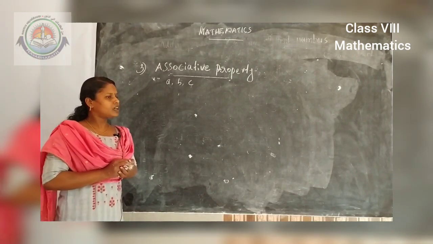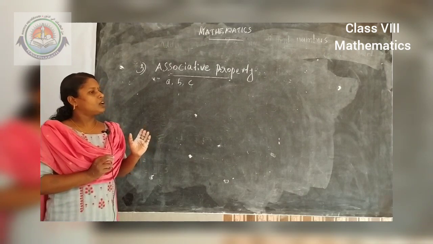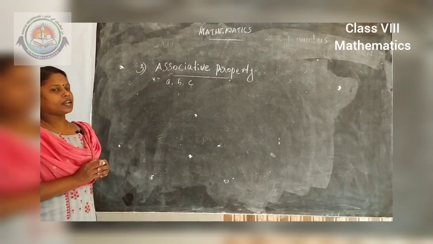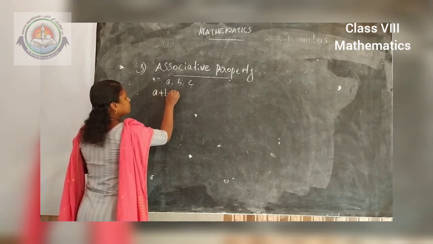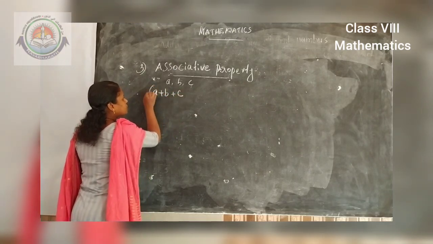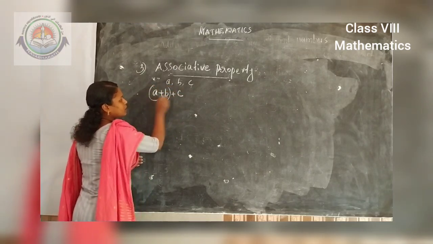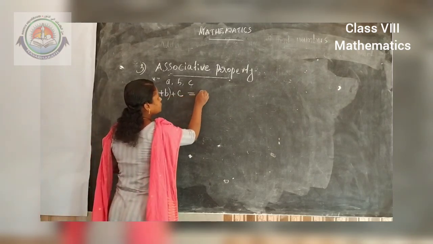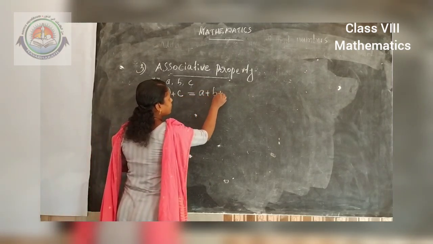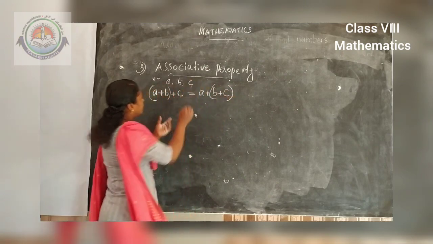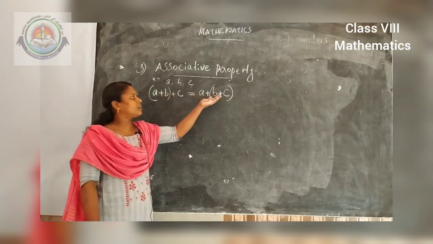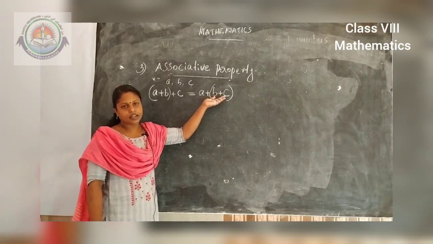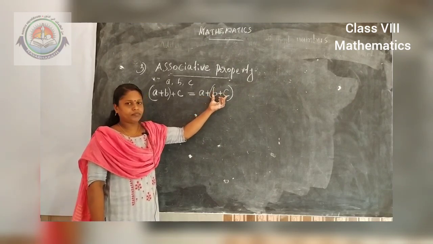And what is the associative property of addition of rational numbers? We are adding a plus b plus c. First we add these two numbers, which is equal to a plus (b plus c). Here we add the first two rational numbers first, and here the second two first.